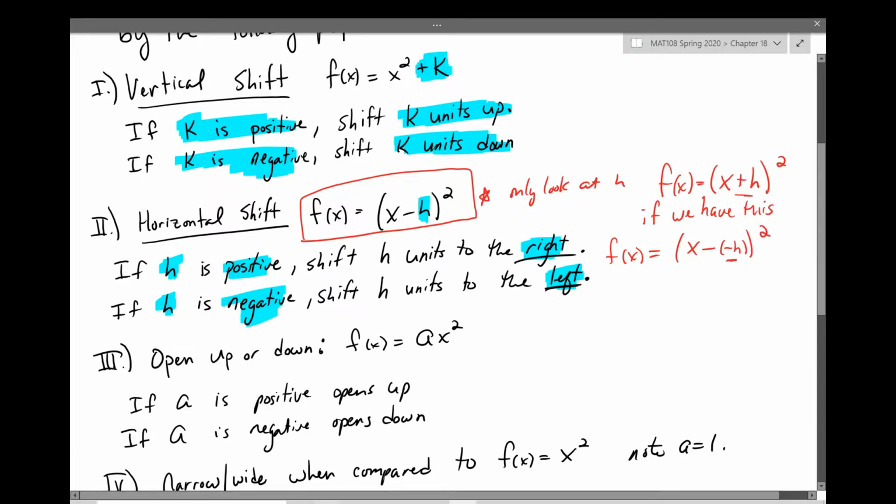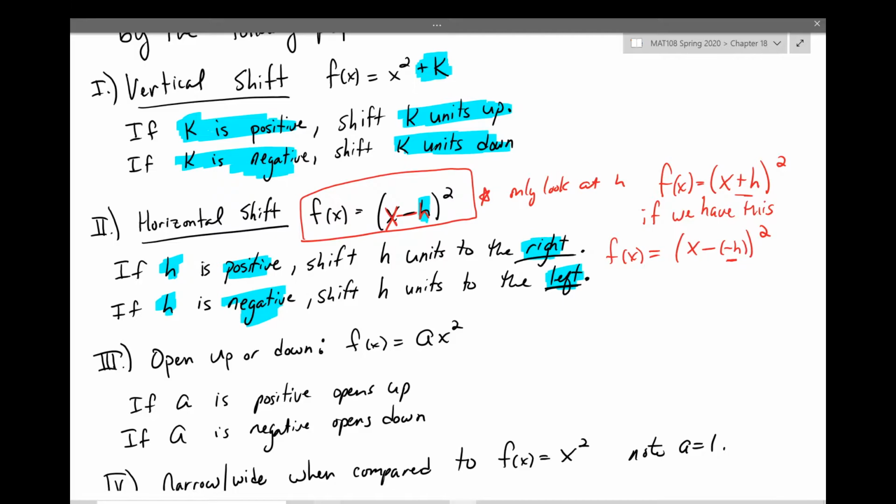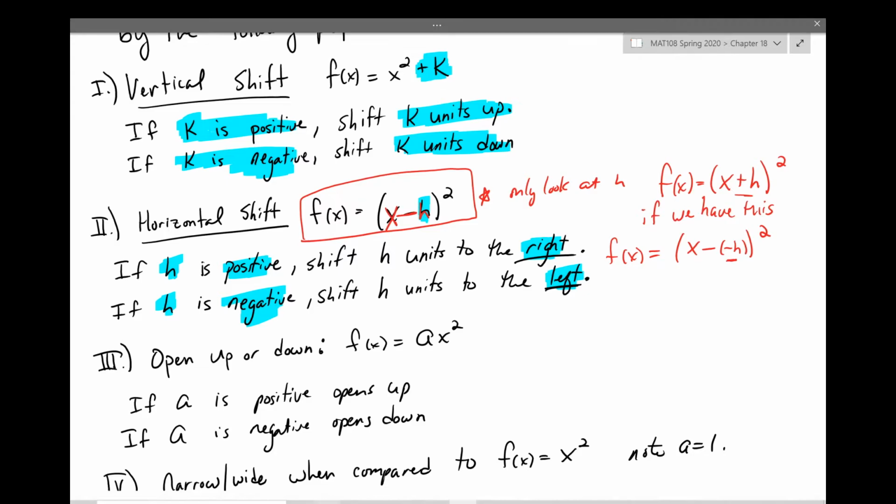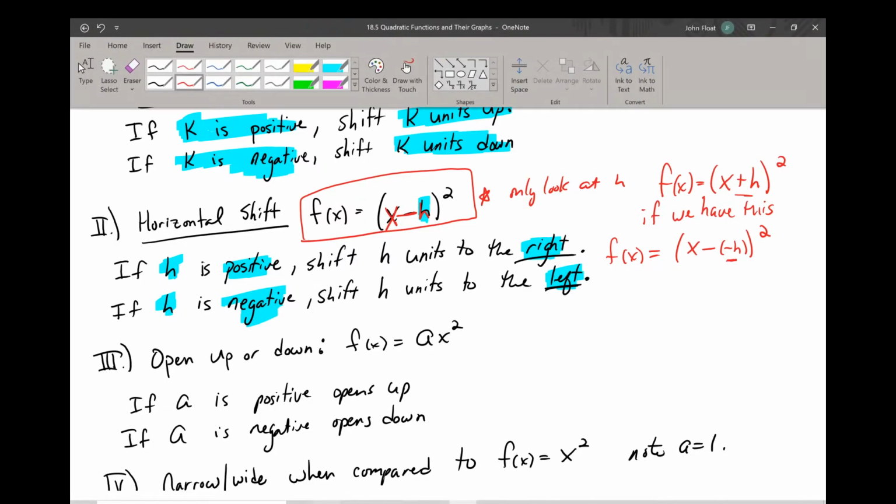Because remember, it has to be in the form x minus h. I know that's a little confusing at first. Maybe you should pause the video or rewind it like, 10, 15 seconds and listen to it again. But if we have x plus h, it has to be minus a negative h, okay? Let me get out my highlighter again.